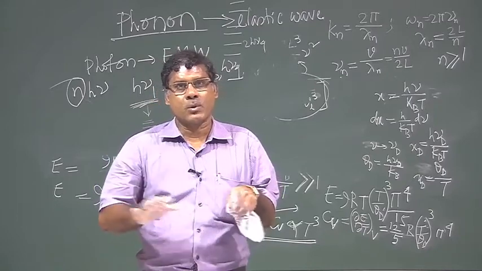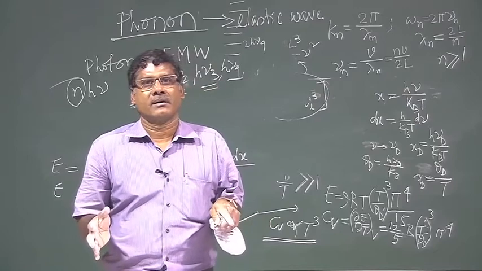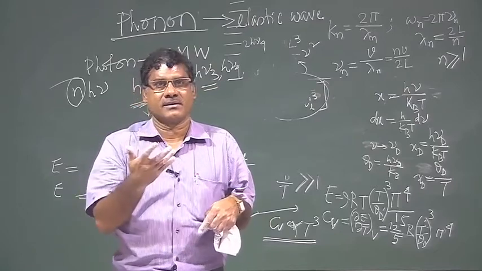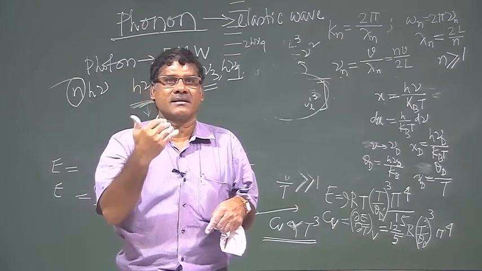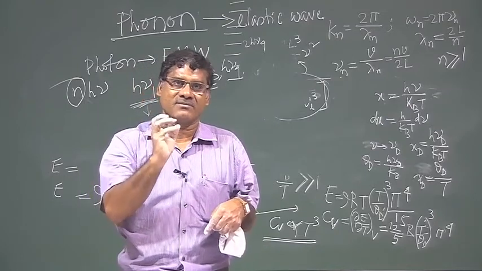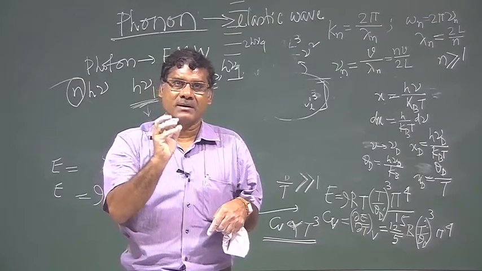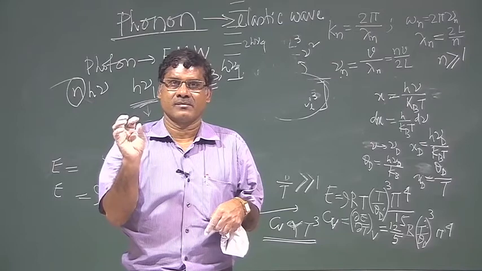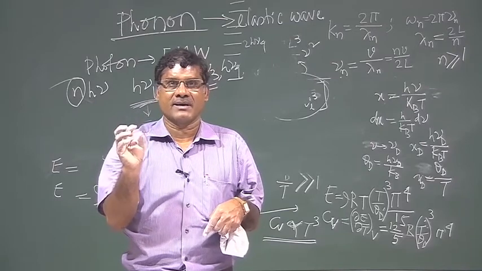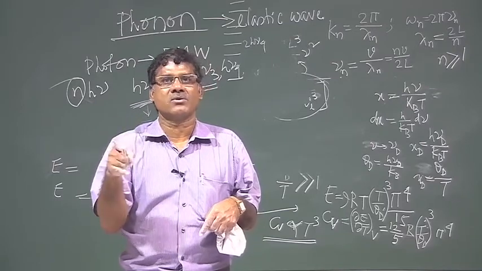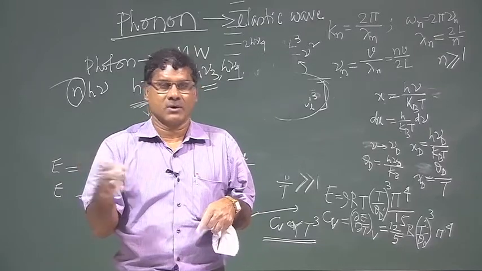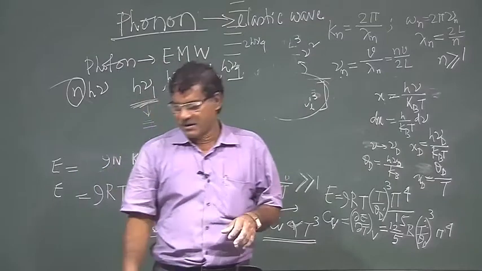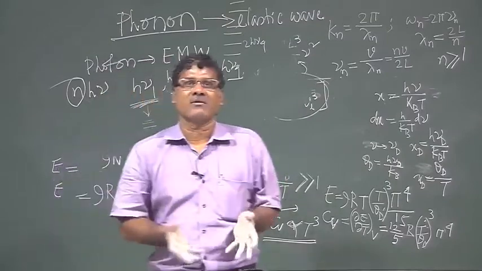But each phonon has the probability to go into any excited state, and that excited state is expressed in terms of some number having the same quantization of the energy, either h nu 1 or h nu 2 or h nu 3, whatever. That is why the lattice vibration is considered a system of phonons.